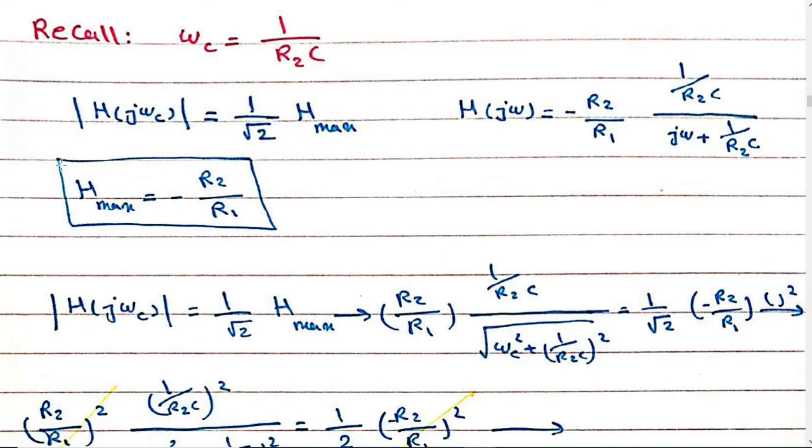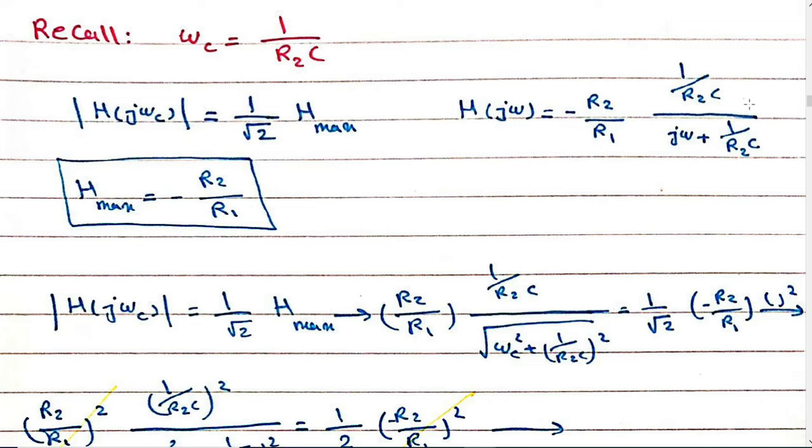So what is the equation for the cutoff frequency? This is the equation. The magnitude of the transfer function at omega c, which is our cutoff frequency, equals 1 over square root of 2 multiplied by H max. What is H max? The maximum value of the transfer function.